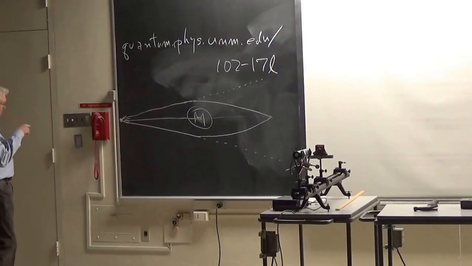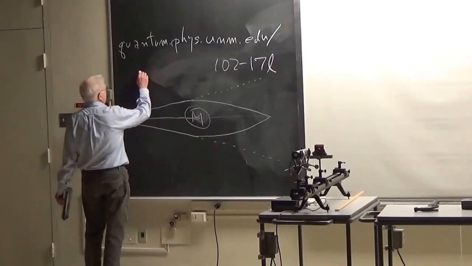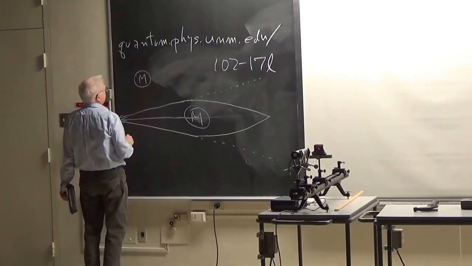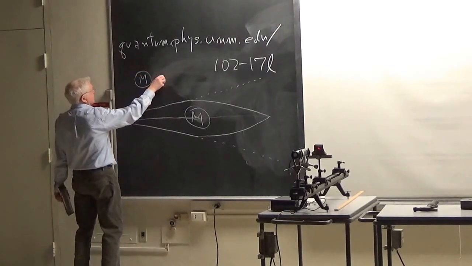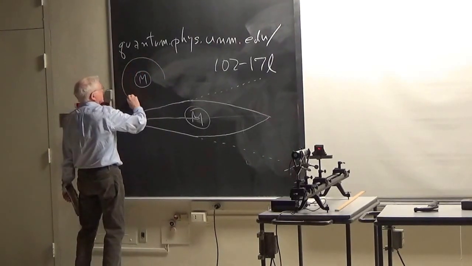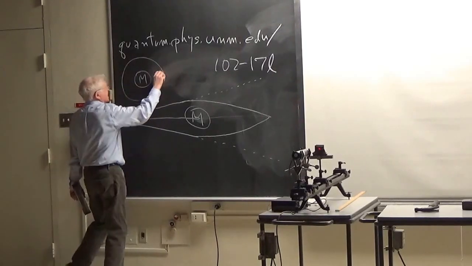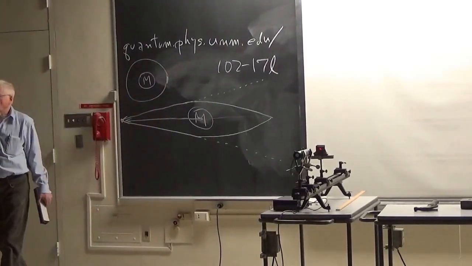And so if we're looking directly at the mass, then for a given very bright point source directly behind the mass, we might see it as a circle of light.